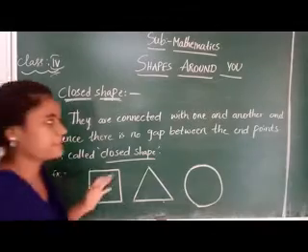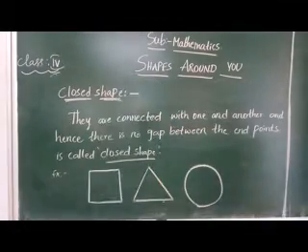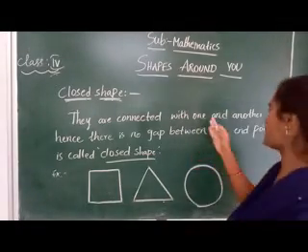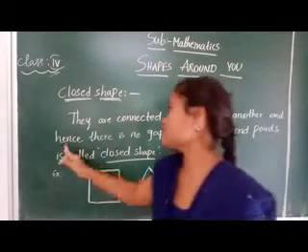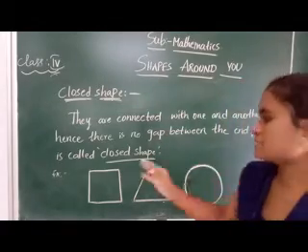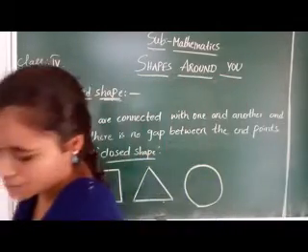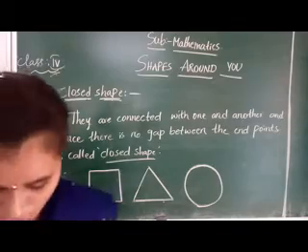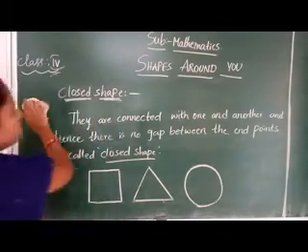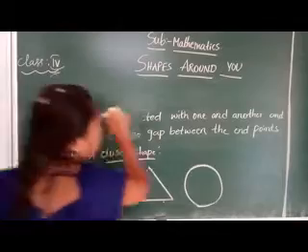They are connected with one another, and hence there is no gap between the endpoints. It is called a closed shape. Okay, ma? So open shape and closed shape also completed.